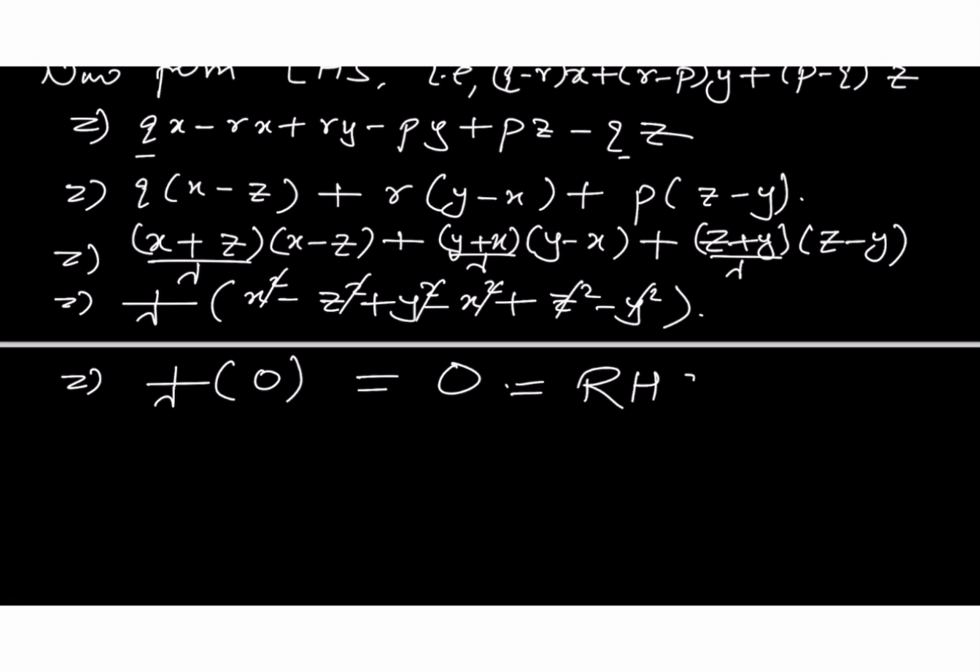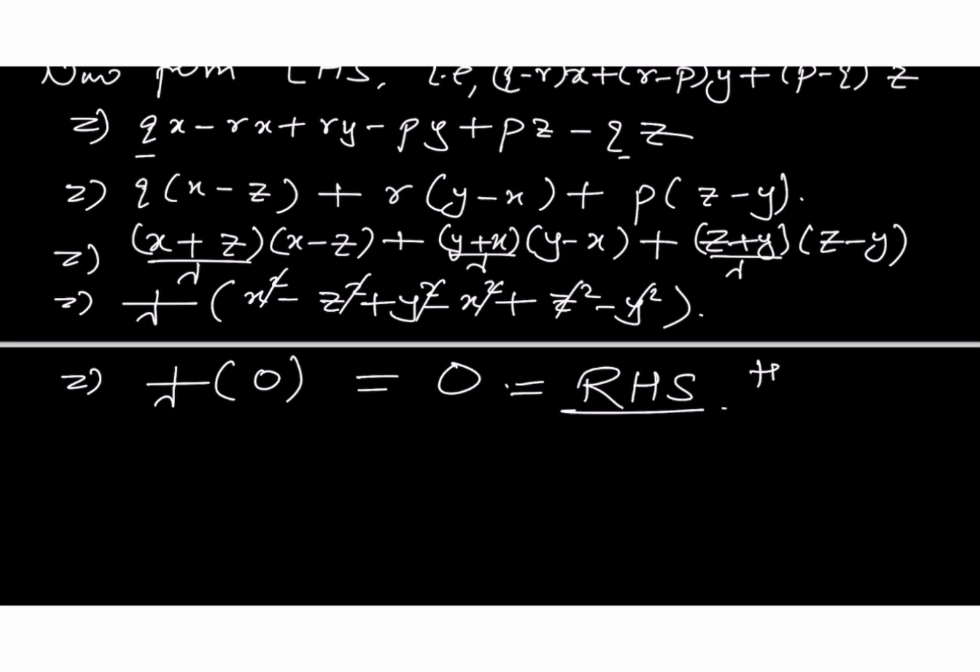Now I'm taking 1/λ common, and inside the bracket it will be x² − z² + y² − x² + z² − y². So 1/λ into 0, which is 0, and it is RHS, right?